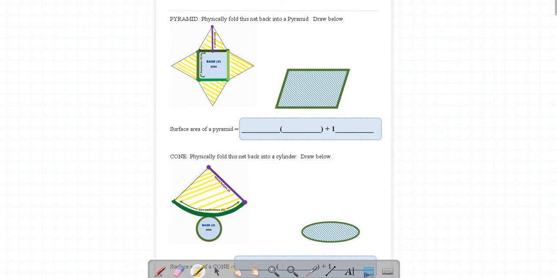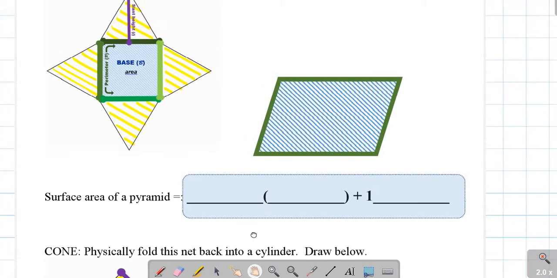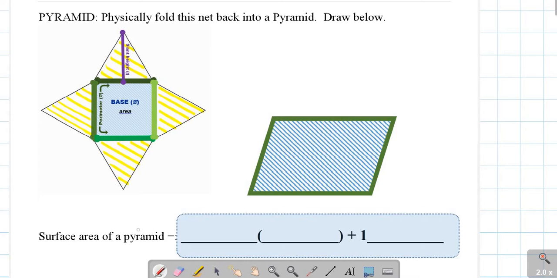Now, pyramids and cones, super important. This gets a little tricky. Watch very carefully. Here's a net of a pyramid. We're going to fold this net back in, and I'm going to squiggle. Do you notice that says the word slant height?